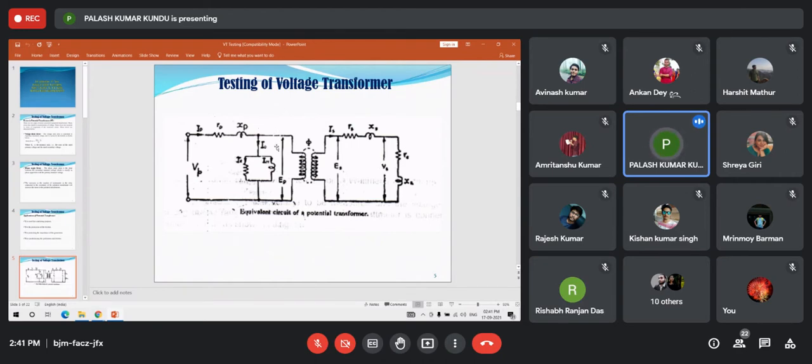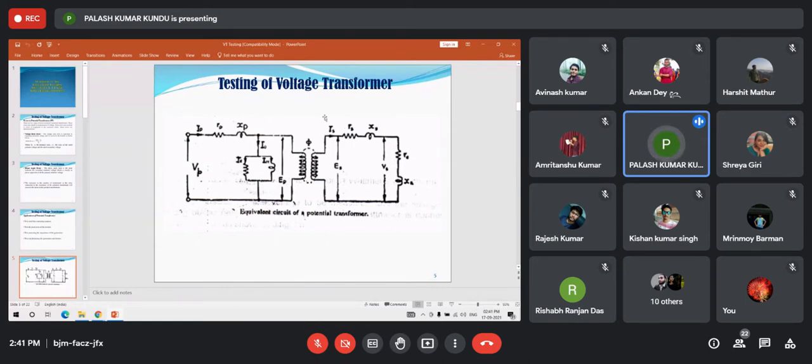So the primary circuit consists of the resistance of the winding, leakage reactance of the winding, as well as the magnetizing reactance, and the resistance equivalent to the loss component of the magnetic circuit. So this parallel part is nothing but an electrical equivalent of the loss component, that is the magnetic loss.